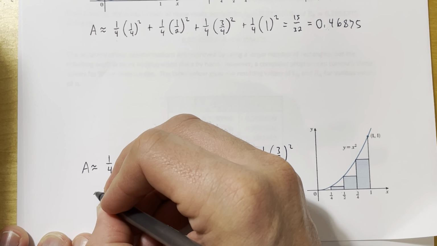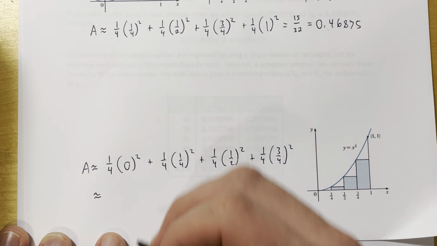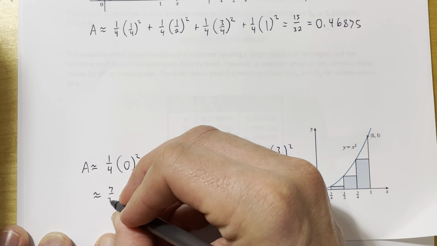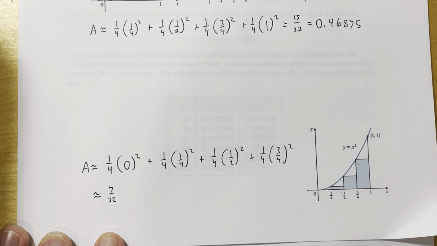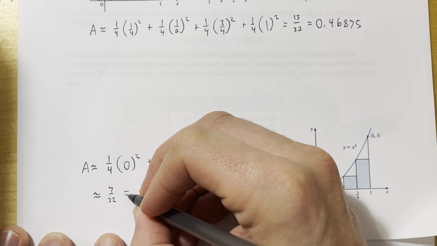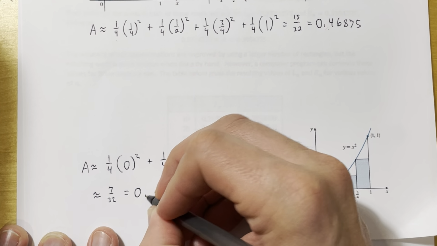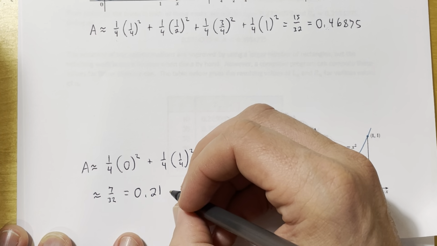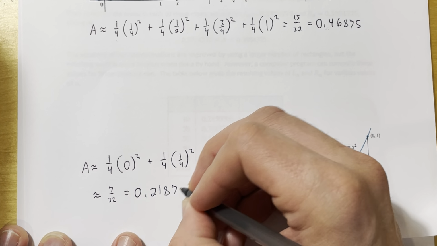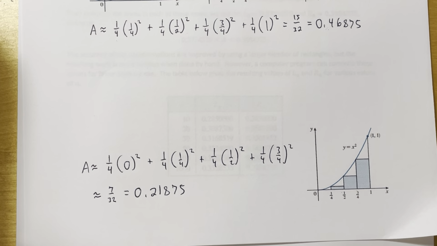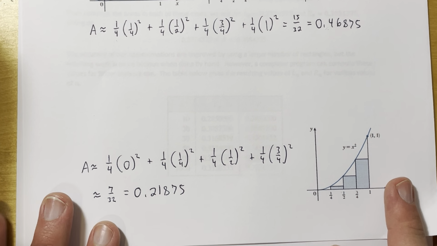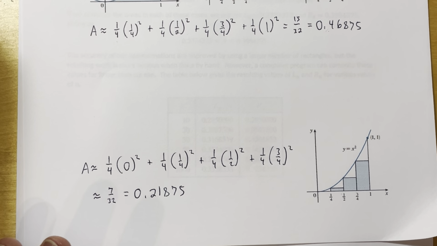Plugging that into a calculator or doing it by hand, however you prefer, that's going to give me 7/32, which is equal to, as a decimal, 0.21875.